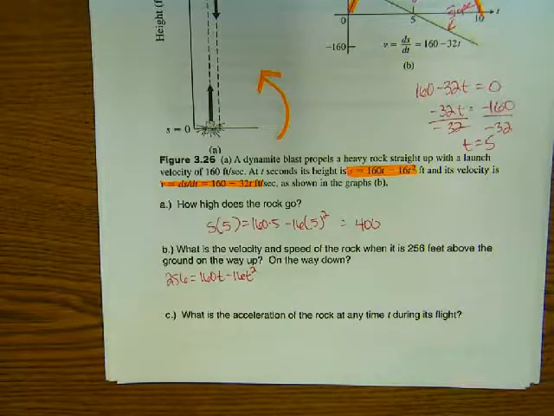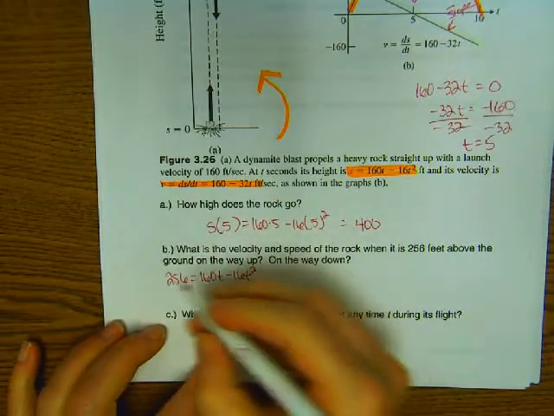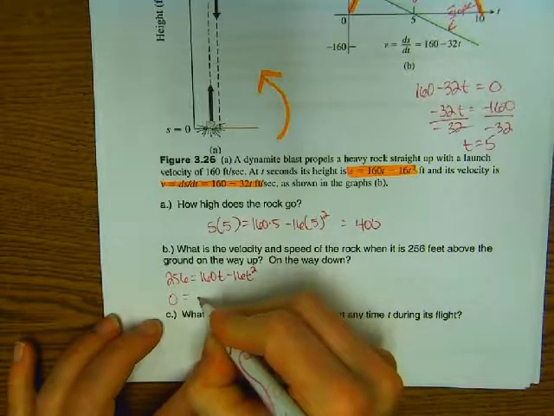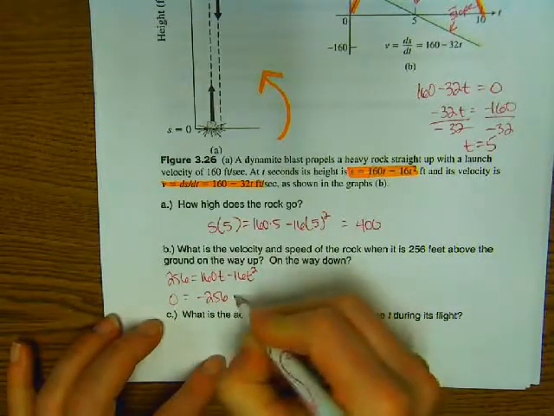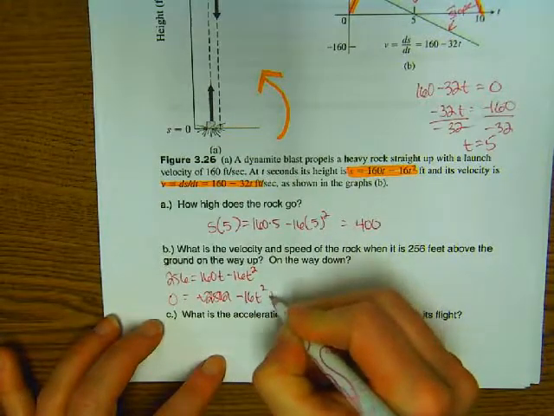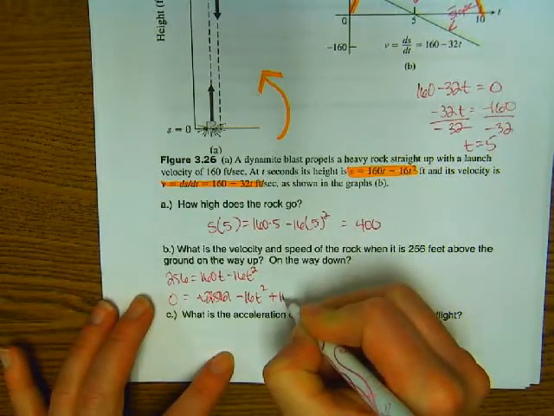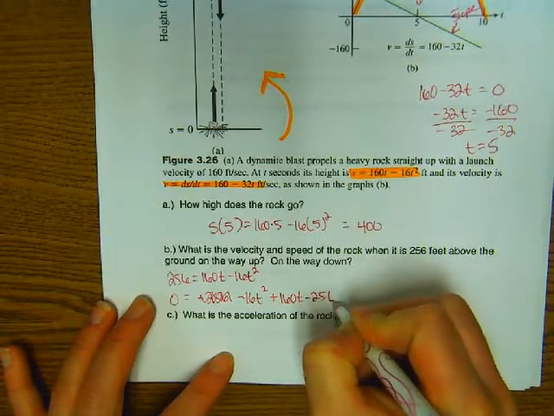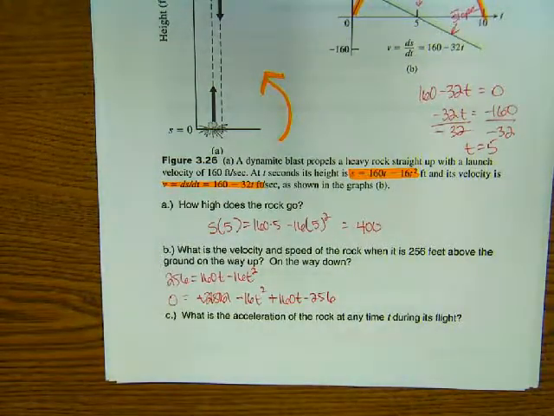Oh, factor. Oh, minus 256. I'm going to rearrange this. I don't like that. I'm going to do negative 16t squared plus 160t minus 256. Hey, can you guys check and see if this is a nice number or not? Does 16 go into 256? Yeah.